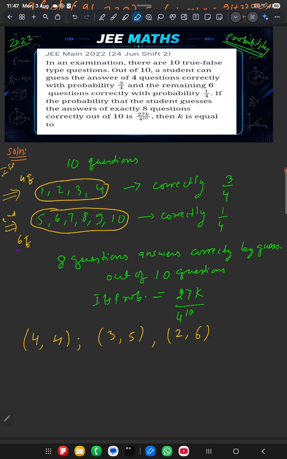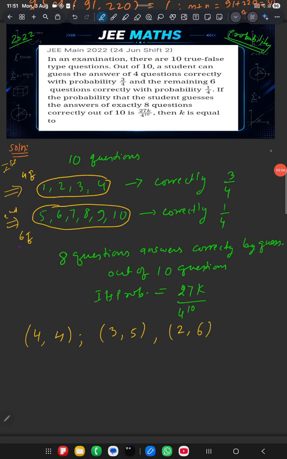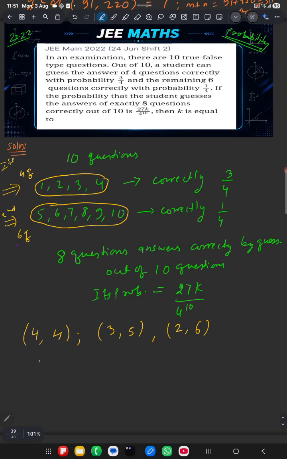Now come to the point. The point is, now we have to find the total probability. So when we select in this way, we are going to select these 3 groups and we will find the total probability. So firstly we will select 4C4, all the questions from the first group, and we are assuming that they are correct.